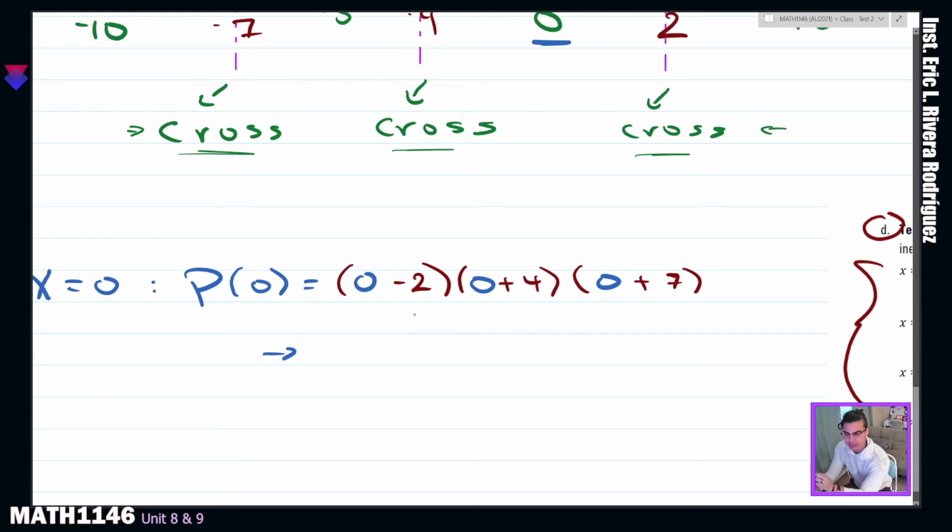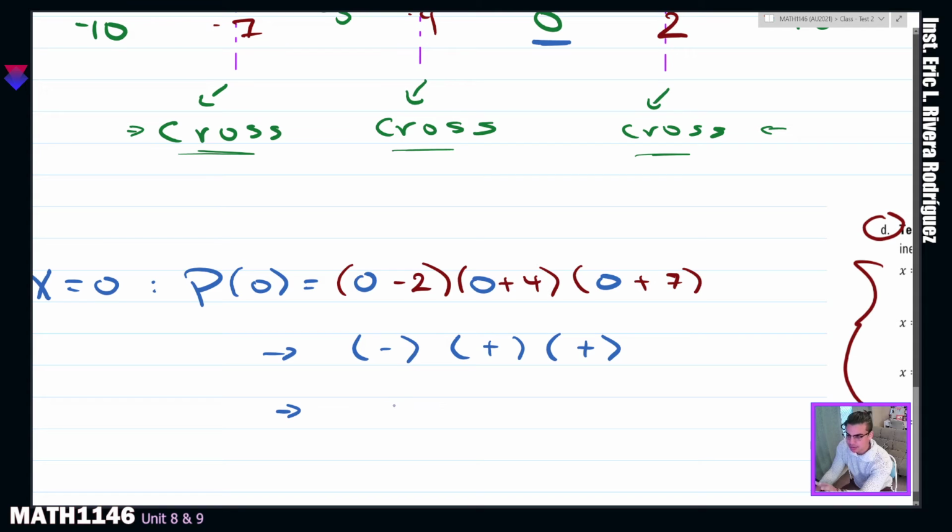We have 3 factors here. We know that the first factor is going to be negative. We know that the second factor is going to be positive. 0 minus 2 is a negative value, so -2. 0 plus 4 is a positive value. And the same for the last factor. So we have 3 factors, 2 are positive and 1 is negative.